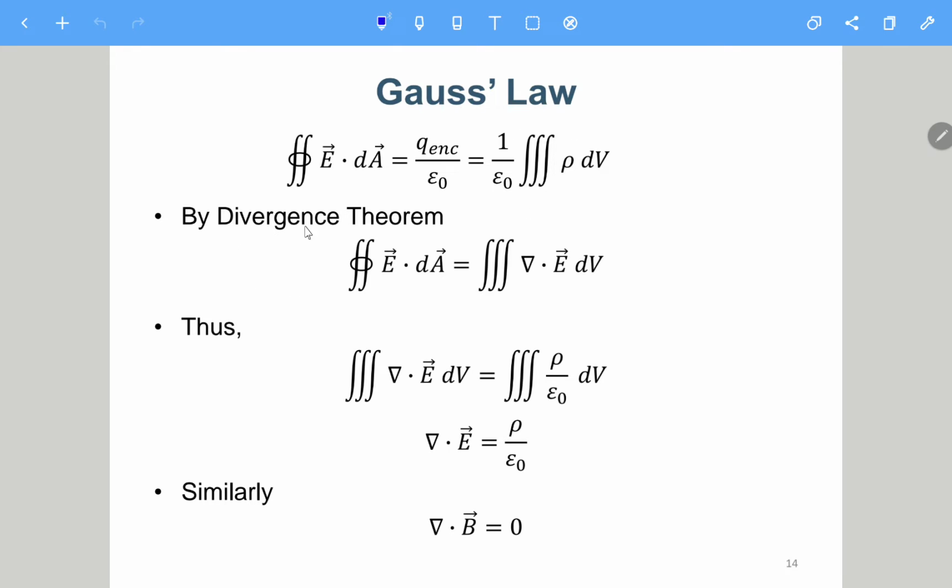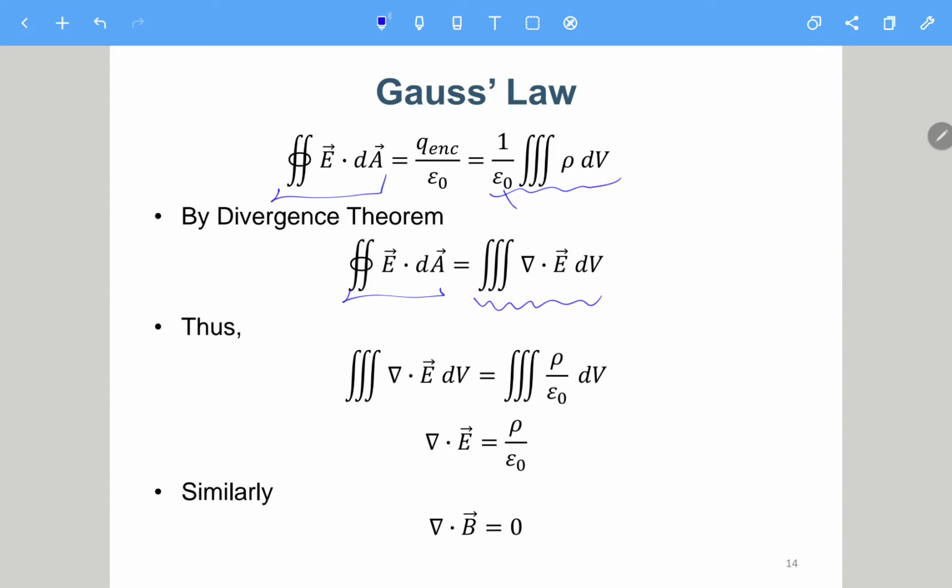Okay, so by the divergence theorem, we have the surface integral equals the triple integral of the divergence of the same vector field. So we can see that this one and this one are the same, which means that this one is equal to this one. So we put this one here and this one on the right side.